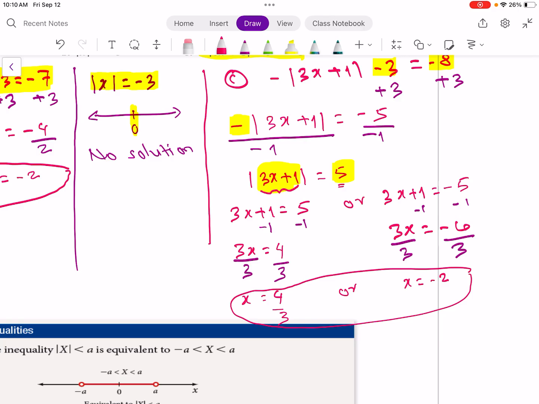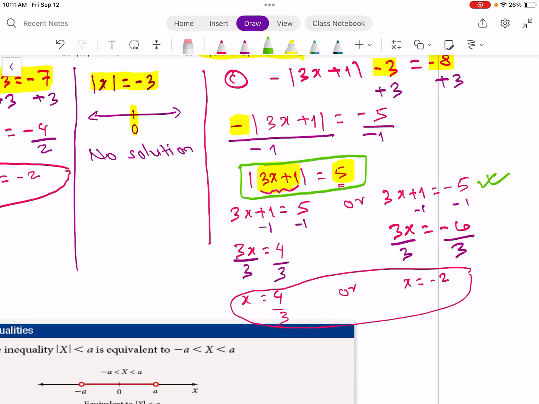Always, before you use the definition, you must have absolute value of some expression equals to a positive number. That is the condition to use this definition. Once you have this form, then you rewrite the same equation without using the absolute value sign, and you will always get two equations.